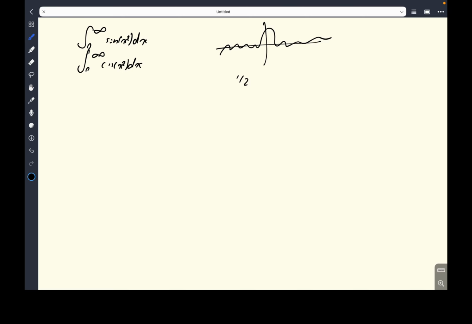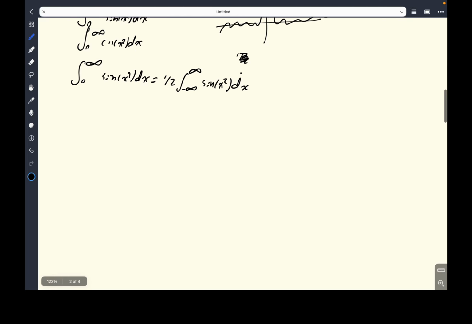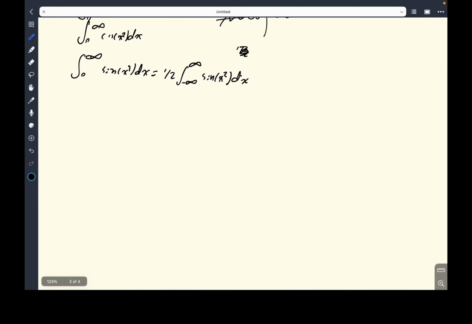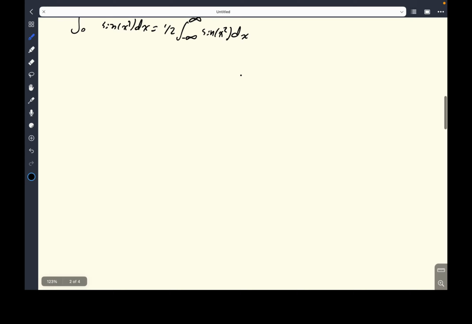For example, I can write the integral from 0 to infinity of sine of x squared dx as half of the integral from negative infinity to infinity of sine x squared dx. I can do that, and it's a property of even functions.